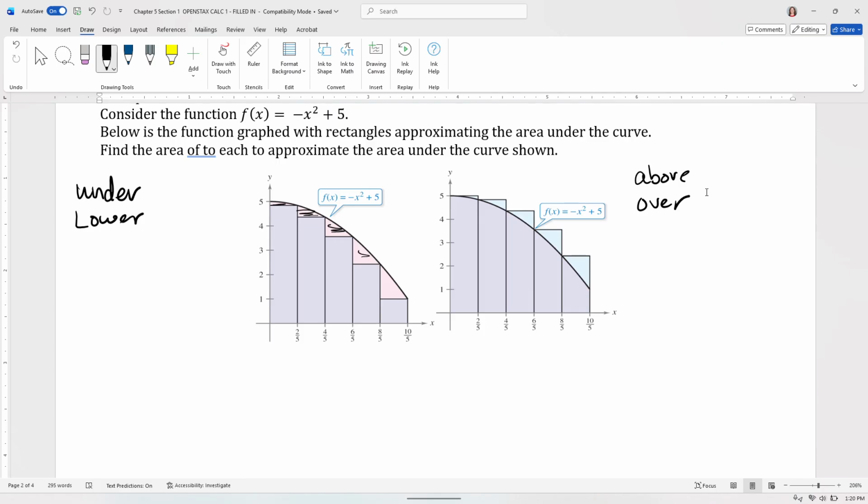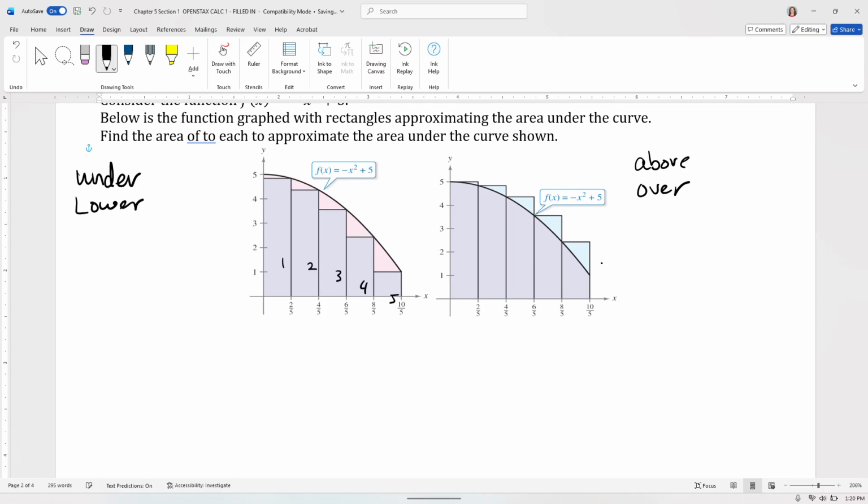Now, let's keep moving here. If I'm going to approximate the area for each one of these, how many rectangles do I have? I have 1, 2, 3, 4, 5. It looks to me that the consistency here is that change in x is 2/5, 2/5, 2/5, 2/5, 2/5.